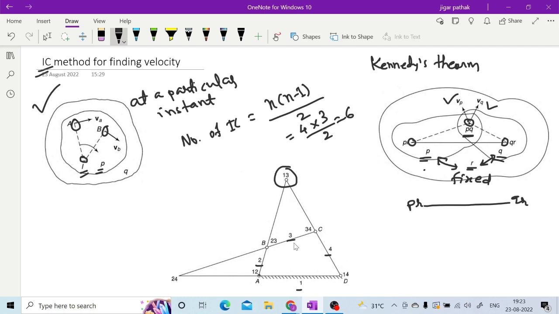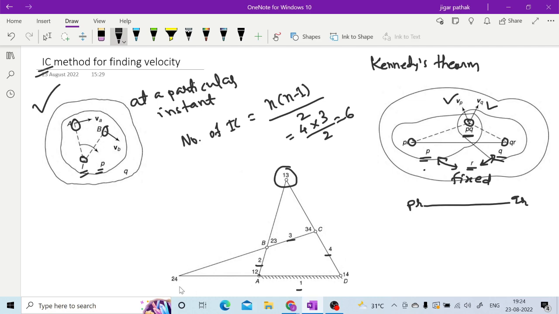Similarly, links 3 and 1 are also joined with link 4, so they already have instantaneous centers 1 4 and 3 4. So here also the instantaneous center 1 3 must lie on the straight line extended in this direction. When these two lines intersect, you get the instantaneous center of rotation 1 3.